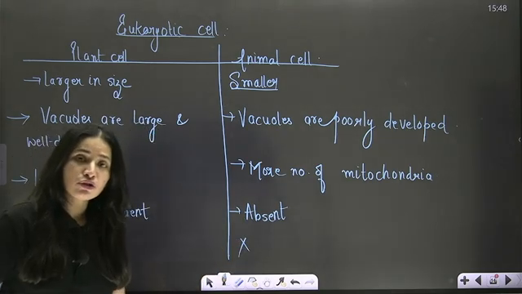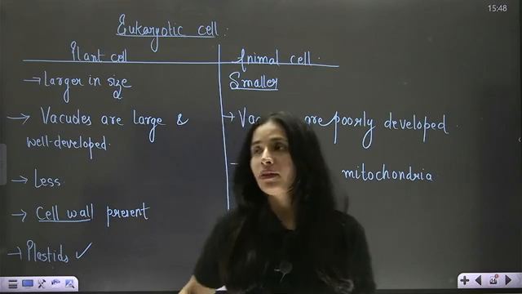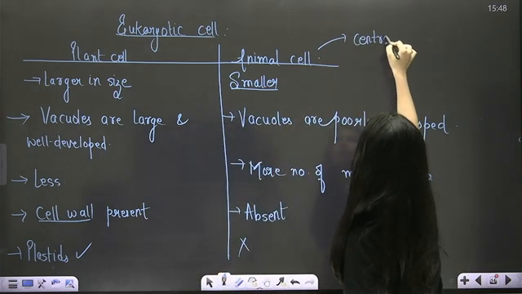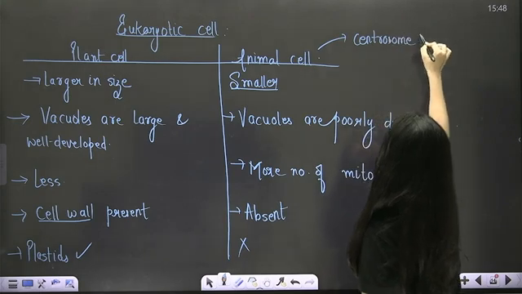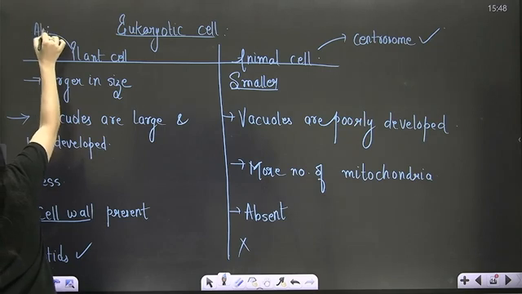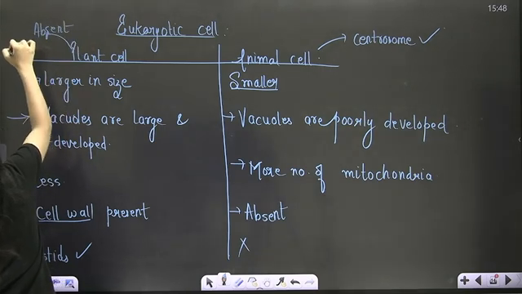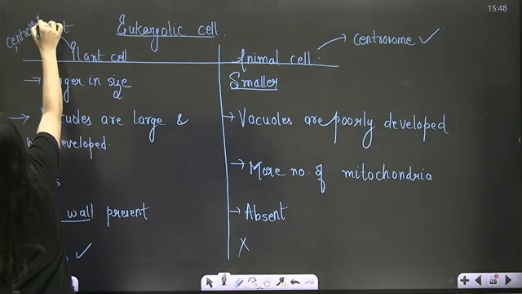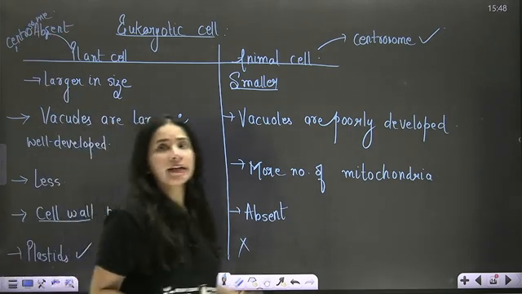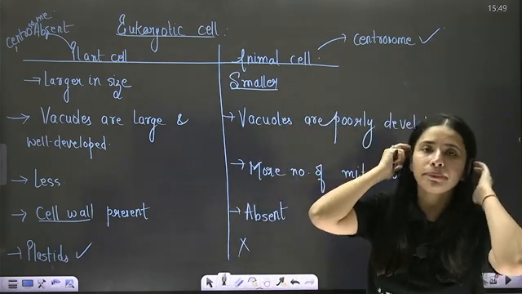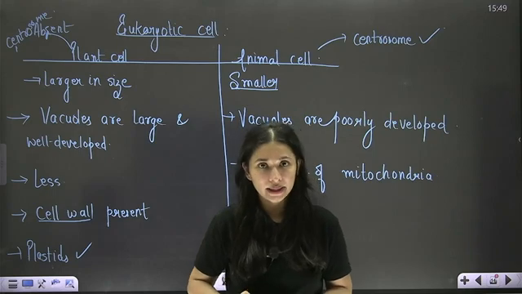Similarly, centrosome is one of the cell organelles which is found in animal cell. Centrosome is present. Here it is absent. Correct? Yes or no? So these are the basic points of difference between plant and animal cell of eukaryotic cell.